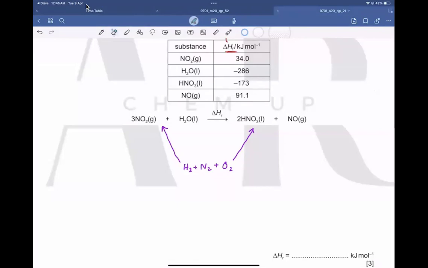Okay, now if you see the definition, in the definition we have mentioned how many moles of compound are formed. 1 mole of a compound is formed, right? Let me reshare it.